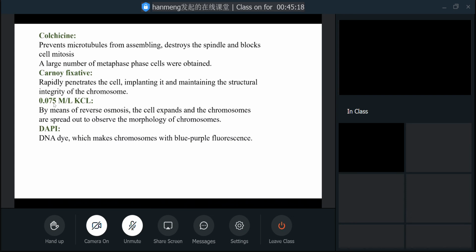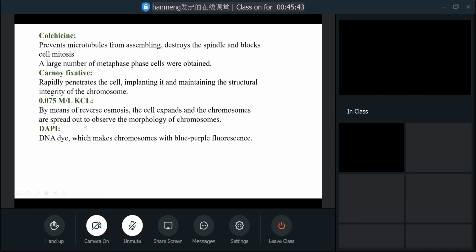Later, the potassium chloride solution, by means of reverse osmosis, makes the cell expand and the chromosomes spread out, so we can observe the morphology of the chromosome. So it is a low permeability solution.